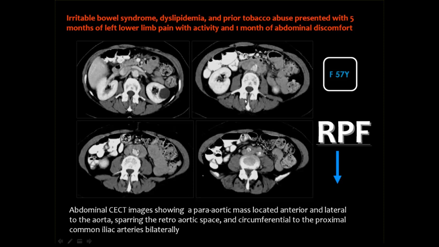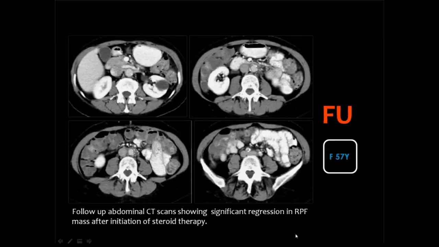On CT, you can see a soft tissue mass that is encircling or encasing the aorta as well as the IVC, and it will entangle both ureters, resulting in some back pressure changes in both kidneys. And the lesion may also extend to involve or to encase the common iliac arteries.